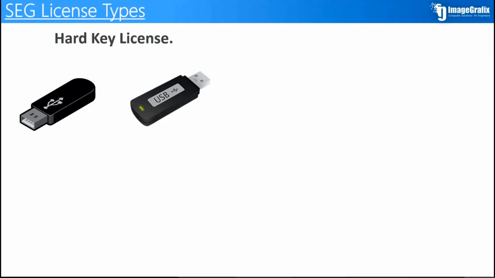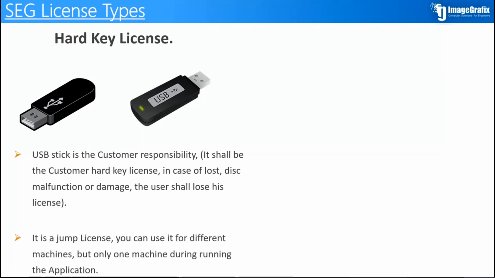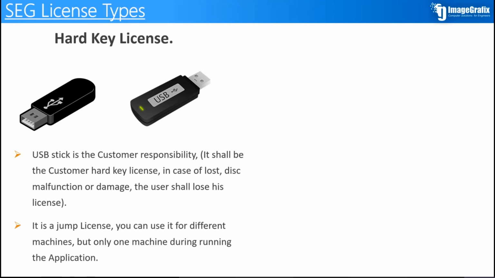The benefit of this type of license is that it gives you the ability to run SEG software on different machines, because this license is a portable license. You can move it from one machine to another, since it depends on the USB stick itself.